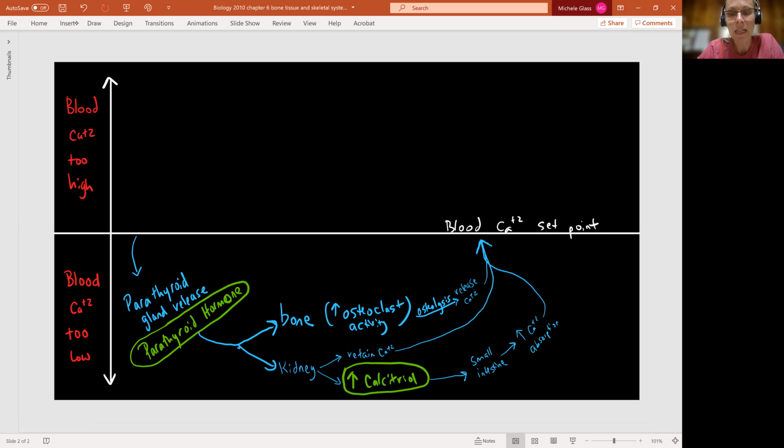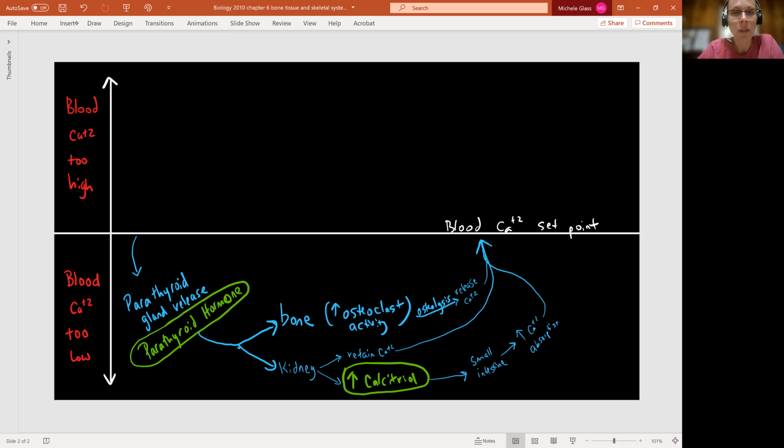It's going to tell the kidney to keep any calcium in the body, retain calcium. And then it also triggers the kidney to release the hormone calcitriol. And so we're seeing these two hormones working together, different ways, but same ultimate goal.